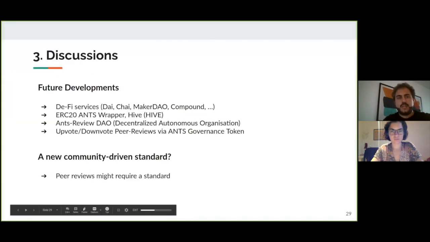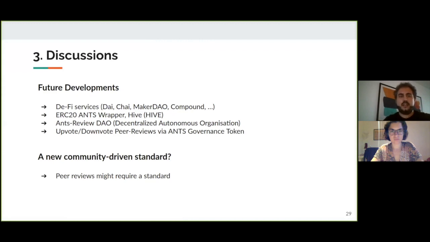Future developments: we are considering adding DeFi services by leveraging the duration of a peer review that usually is 6 months or more. This allows, for example, to use DeFi services like MakerDAO or Compound to accrue interest. And by incentivizing the agents, the hunters, members of the community to contribute, they get back a wrapper of ANTS representing the accrued interest called Hive.